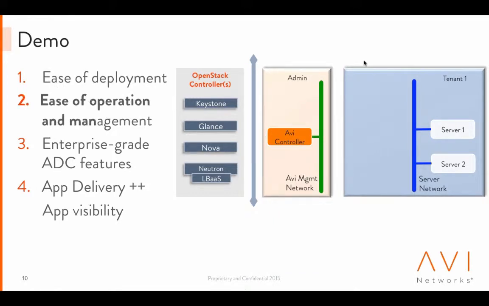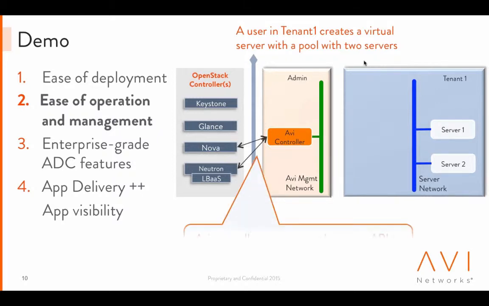If a tenant wants to use it, let me show you just a couple of steps of what it means to use it, operate and manage it. If a user in tenant one wants to now provide load balancing for his two backend servers, all he does is create a virtual server with a pool with two servers.